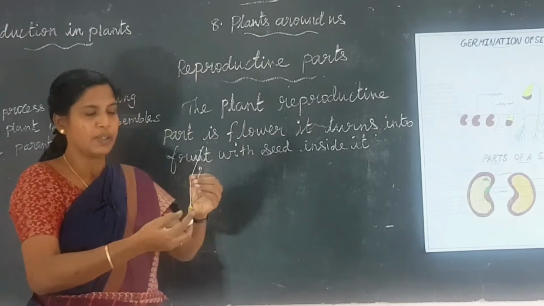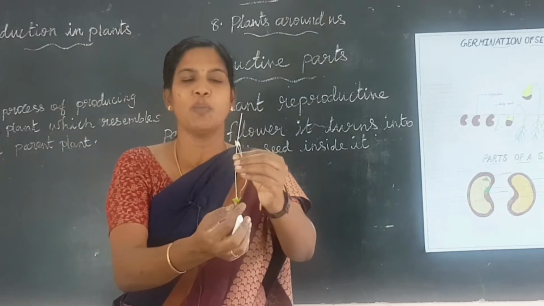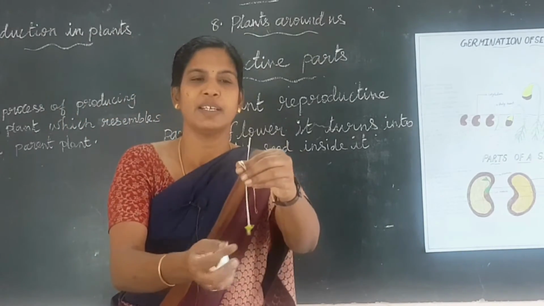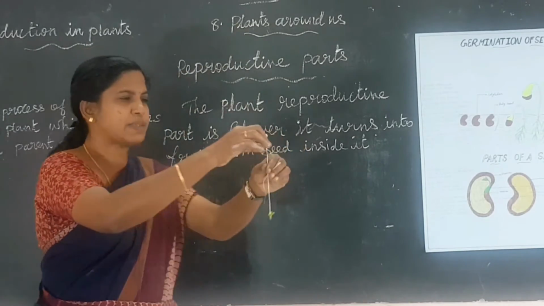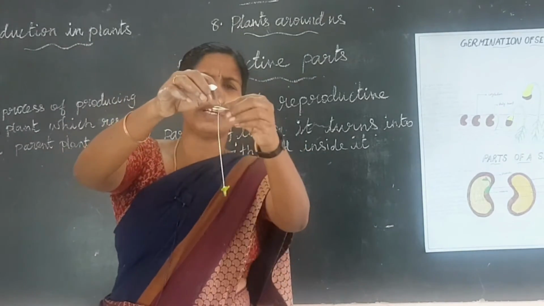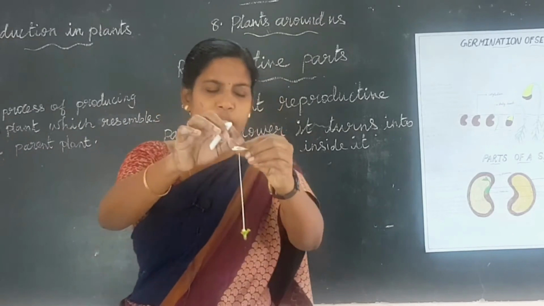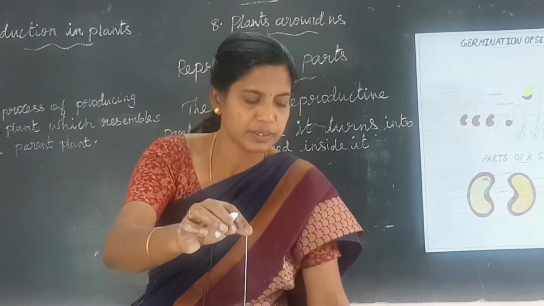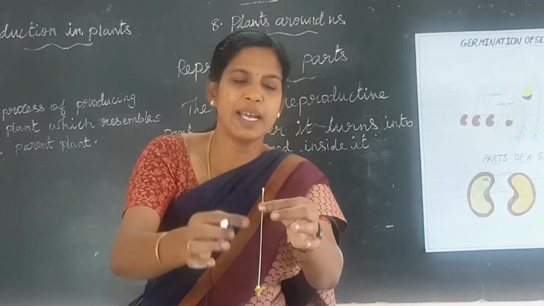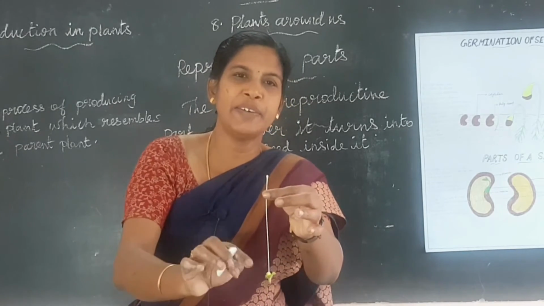This is the female part of the flower. Totally we call it the pistil. It has stigma, style, ovary and ovules.